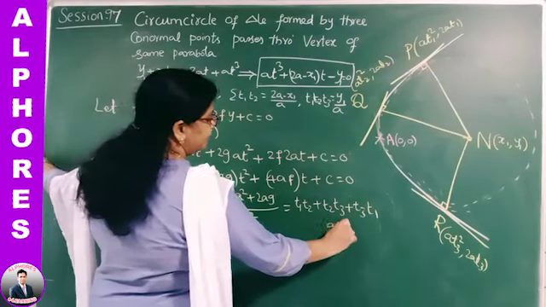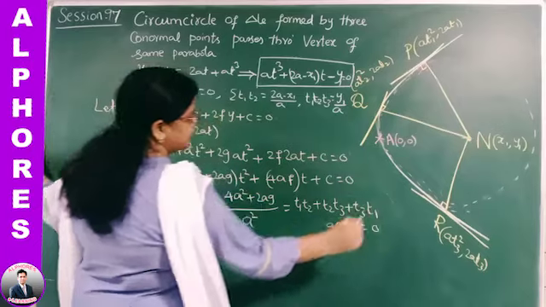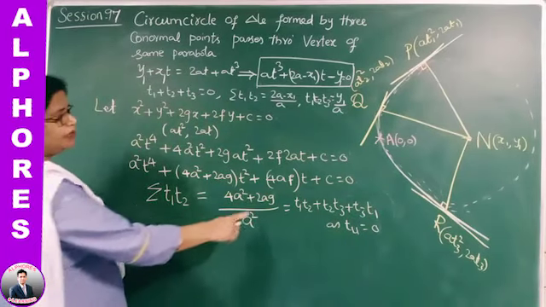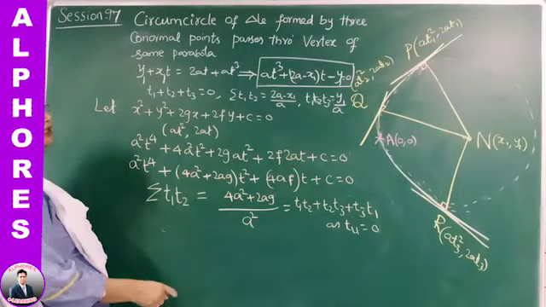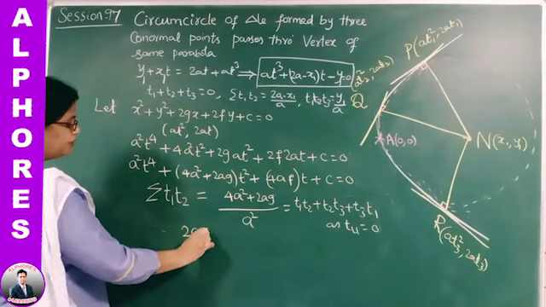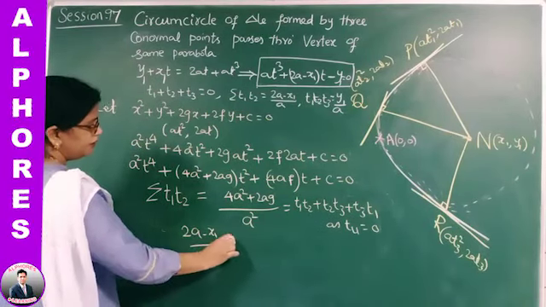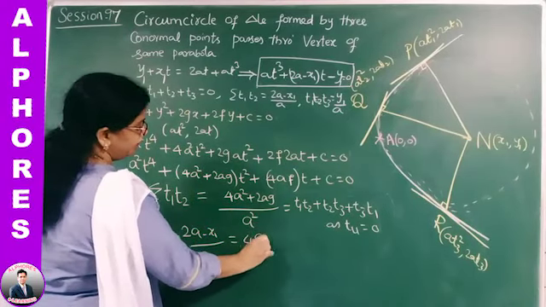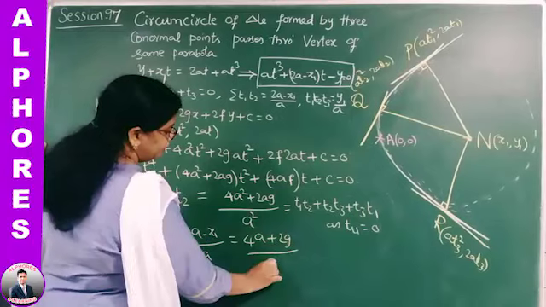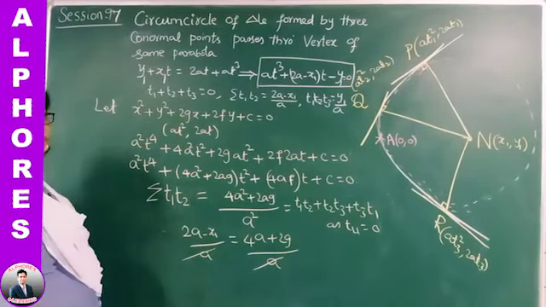As T4 value you got 0 here. Now what is that sum of products by taking 2 at a time? The formula is 2a minus x1 divided by a. So 2a minus x1 divided by a, and here if you divide, 4a plus 2g divided by a. So let's cancel these two.